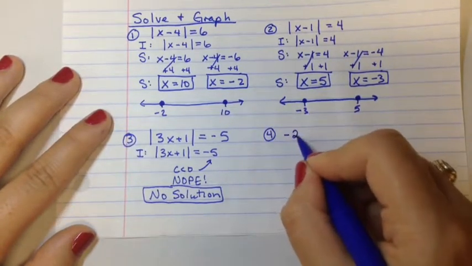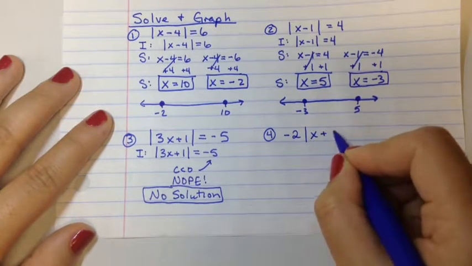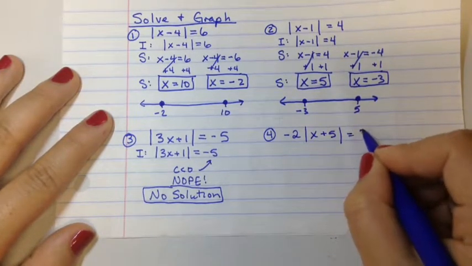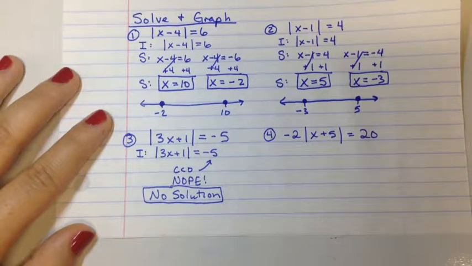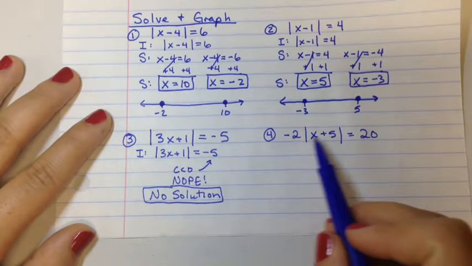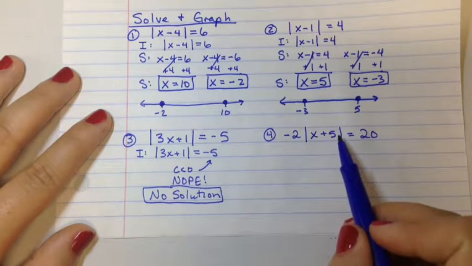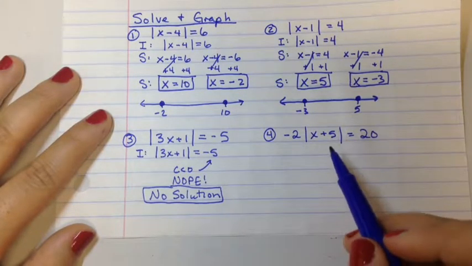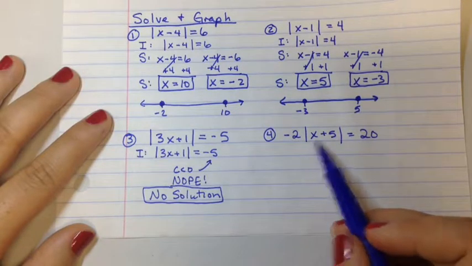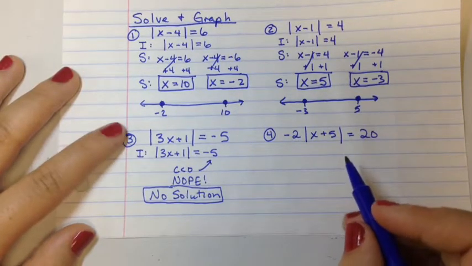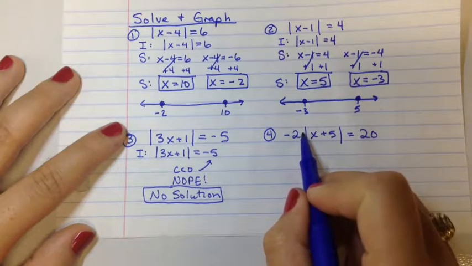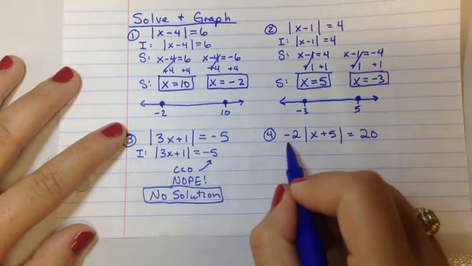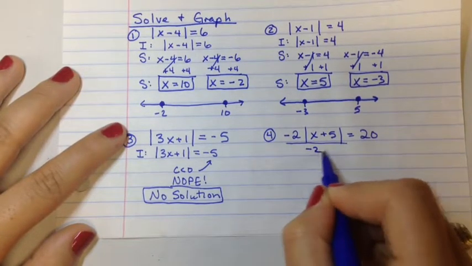Example 4 does require us to do a step to isolate. Do you see how the negative 2 is multiplied in front of the absolute value bars? So right now, the absolute value is not isolated. I need to undo multiplying by negative 2 so that the absolute value bars are isolated. Since they're smushed next to each other, they're multiplied. To get rid of multiplication, I divide.